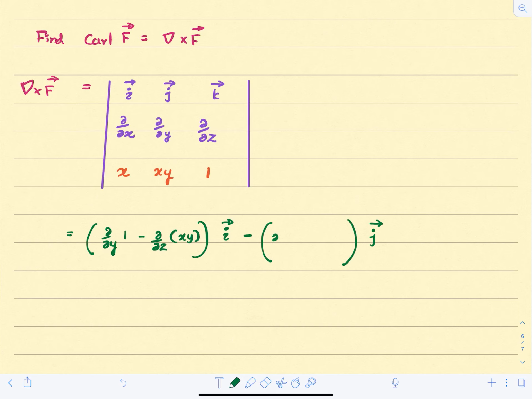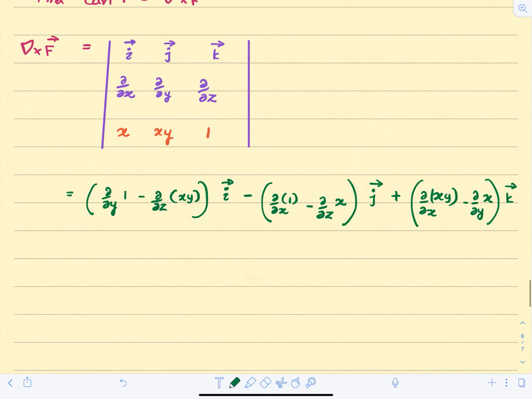We have partial over partial x of 1 minus partial over partial z of x, plus the third component, which is given by partial over partial x of xy minus partial over partial y of x.